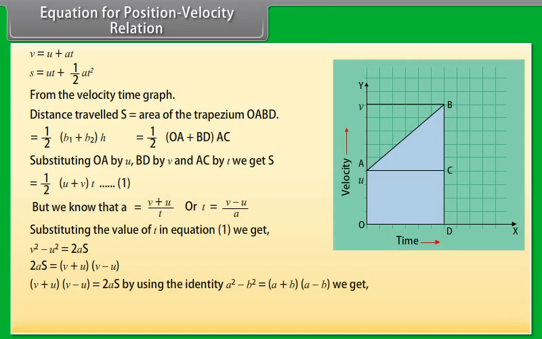By using the identity a square minus b square is equal to (a plus b) into (a minus b), we get v square minus u square is equal to 2as. This is the third equation of motion.